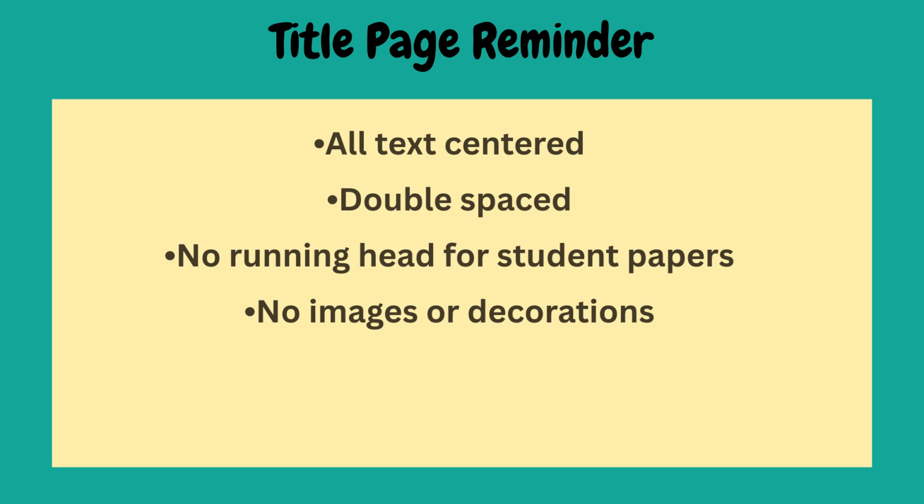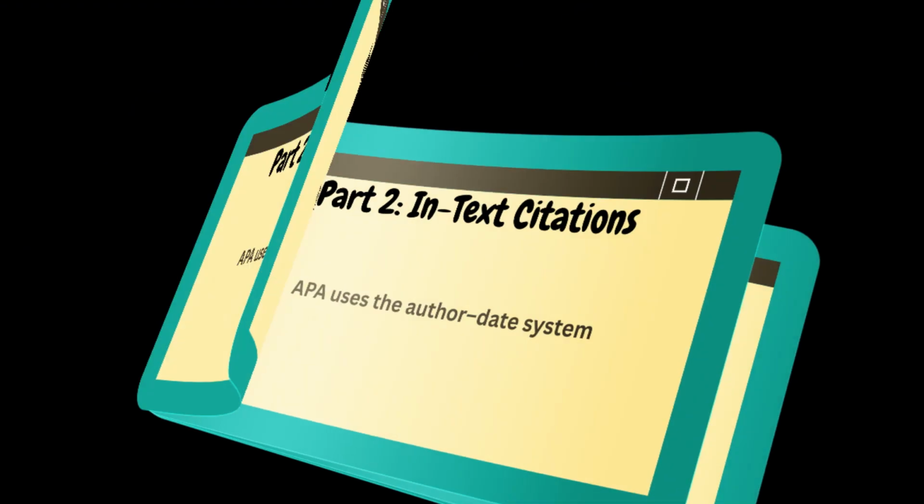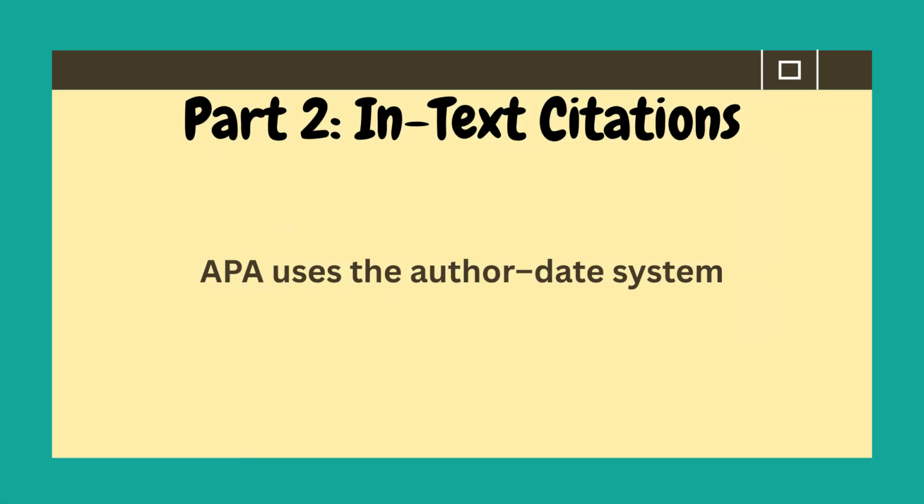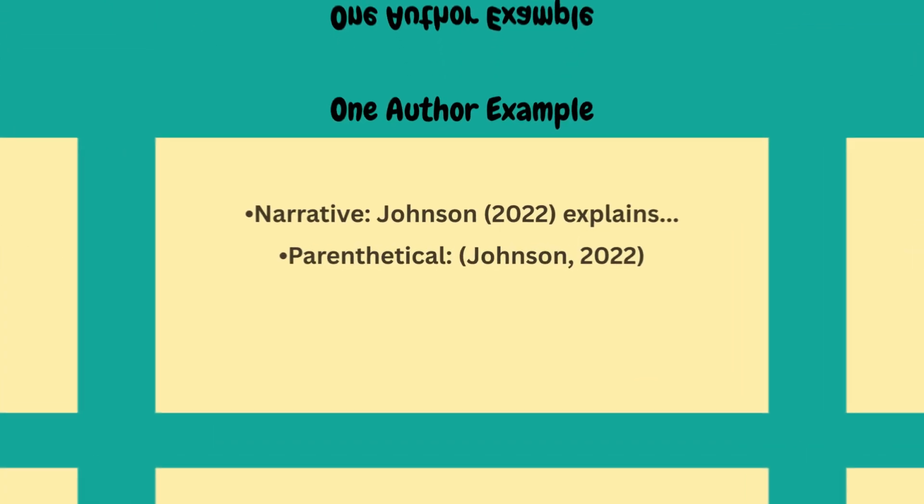Now let's move to the second part of APA style, in-text citations. APA uses what is called the author-date citation system. This means that when you use information from a source, you include the author's last name and the year of publication. Let's look at a simple example. According to Johnson (2022), academic writing requires careful practice.